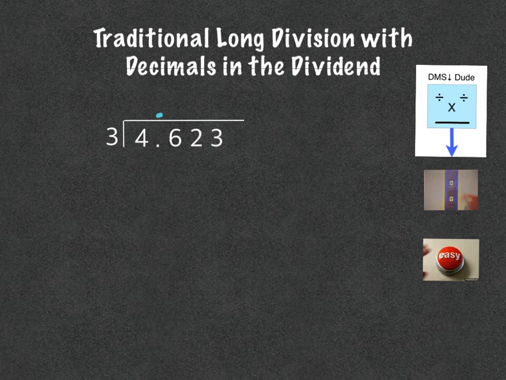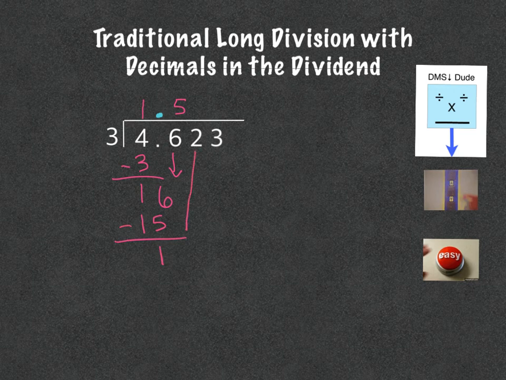So can 3 go into 4? Yes, it goes in 1 time. 1 times 3 is 3. Subtract and I get 1. Bring down my 6. 3 goes into 16 how many times? It goes in 5 times. 5 times 3 is 15. Subtract and I get 1. Bring down my 2. 3 goes into 12 4 times. 4 times 3 is 12.